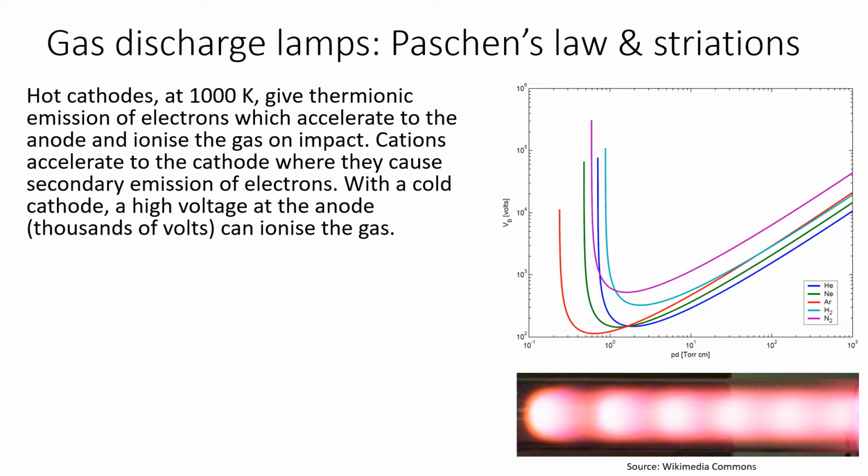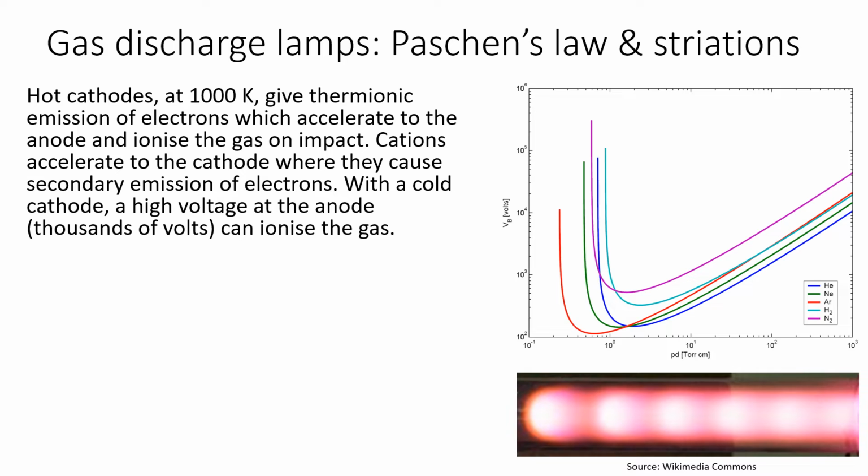And this stream of electrons will smack into gas molecules and ionize them. And once you've ionized a gas molecule, you'll have turned it into a cation, because the electron collision effectively will knock another electron out of the molecule, leaving a positive ion.